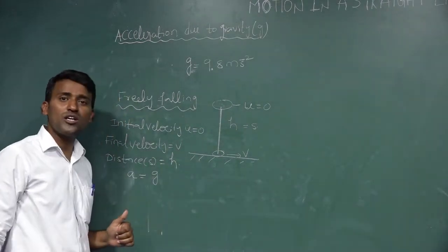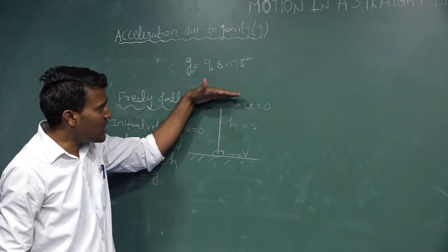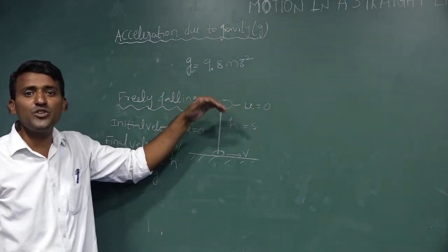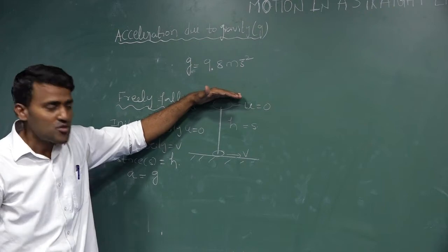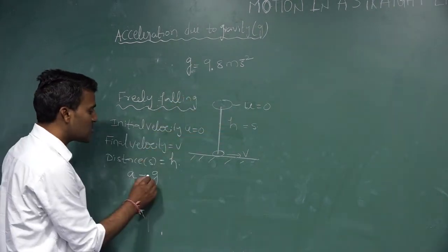So a is equal to g we are writing. Acceleration due to gravity is also a vector quantity. So downward direction I am considering as positive.